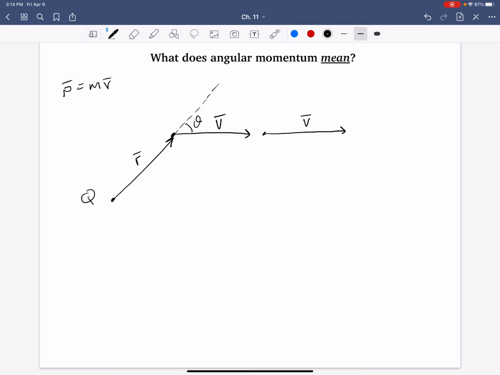However, you may notice that the displacement vector will be different, right? And you'll be right. So now it's a different r, which means that it's also a different angle. And because of this, the angular momentum as measured from point Q will change.